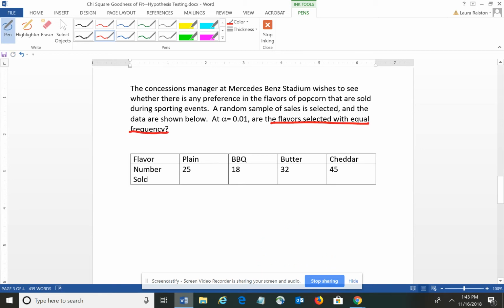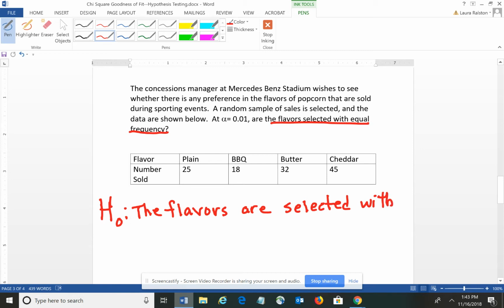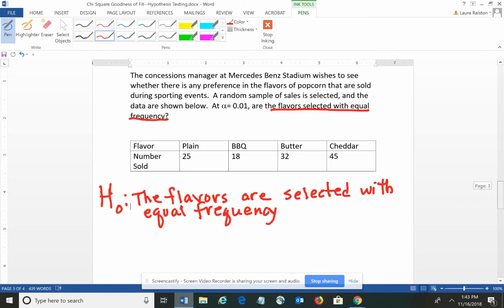Okay, so again, equal always goes in the null hypothesis, and so we could write the flavors are selected with equal frequency. Again, if it implies equal, remember it goes in the null hypothesis.